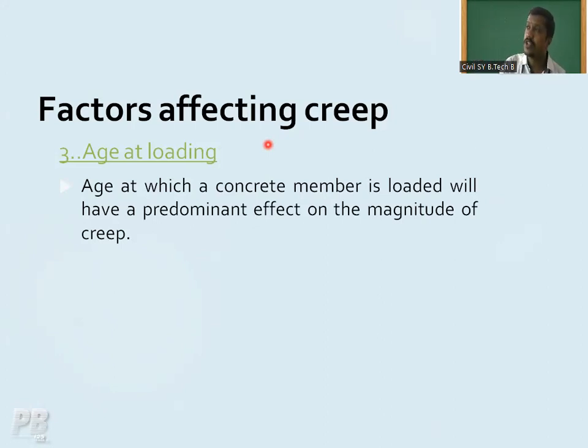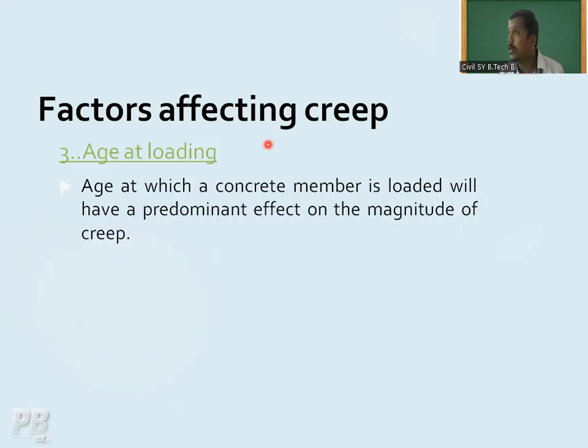For how long does the load remain constantly acting on that structure? That will have a predominant effect on the magnitude of creep. Magnitude म्हणजेच काय, किती प्रमाणामध्ये creep occur होणार आहे. ठीक आहे, त्याचं पर्सेंटेज किंवा त्याचं प्रमाण किती असणार आहे. ठीक आहे, थोड्या प्रमाणात क्रिप ऑकर होत आहे, खूप मोठ्या प्रमाणामध्ये क्रिप ऑकर होत आहे, कसं ठरवणार आहात?